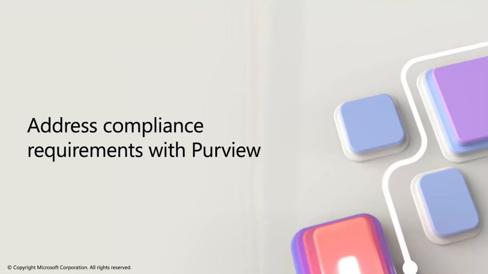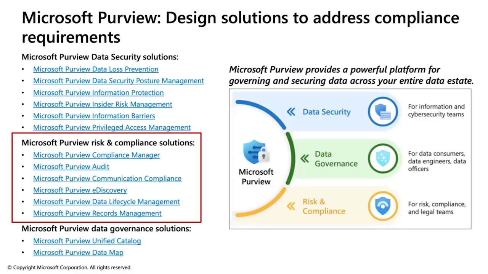To address compliance requirements with Purview, here we have different kinds of Purview solutions. Basically, this is divided into three main components: Microsoft Purview Data Security Solutions, Microsoft Purview Risk and Compliance Solutions, and Microsoft Purview Data Governance Solutions.